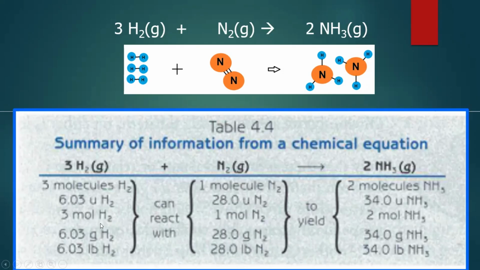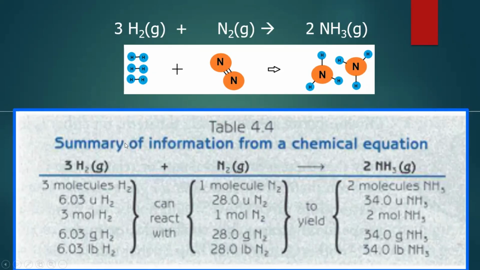Or it could be that there's 3 moles of hydrogen gas reacting with 1 mole of nitrogen gas, yielding 2 moles of ammonia gas.